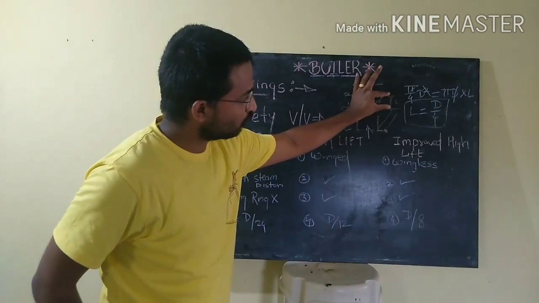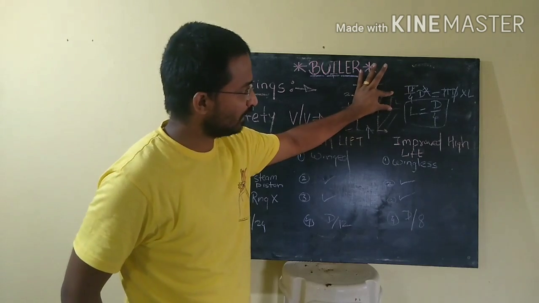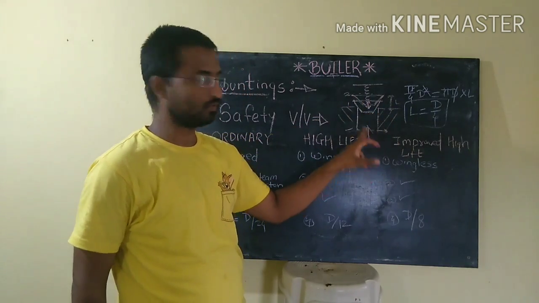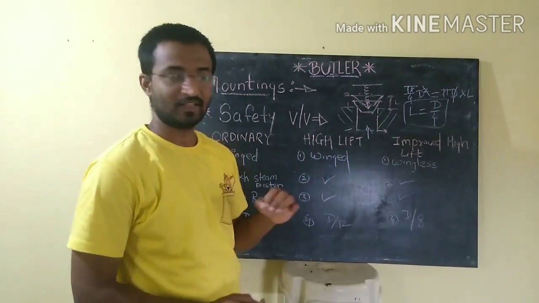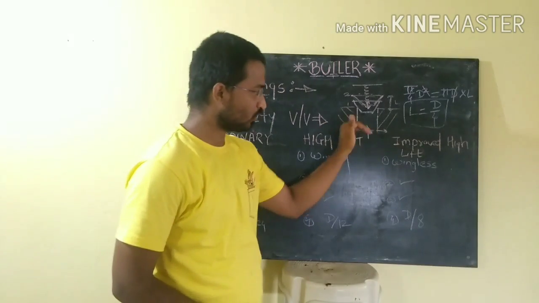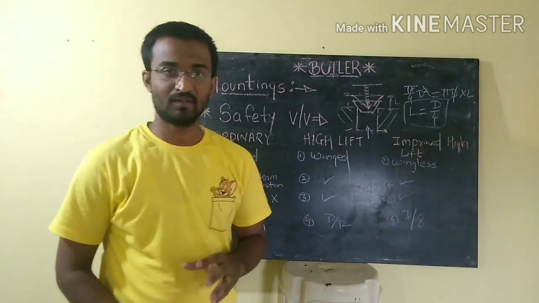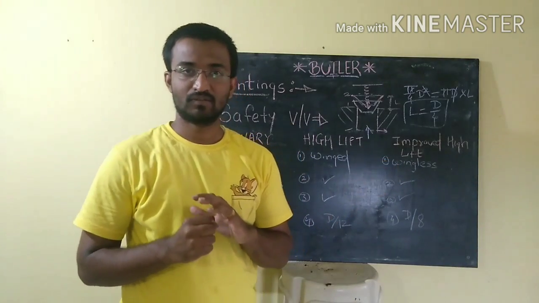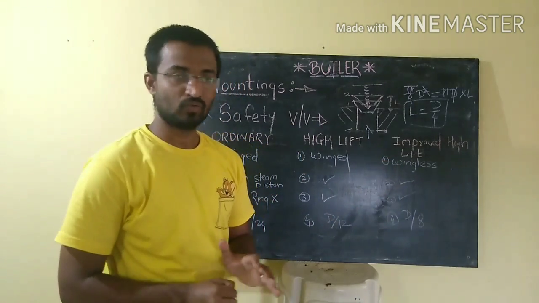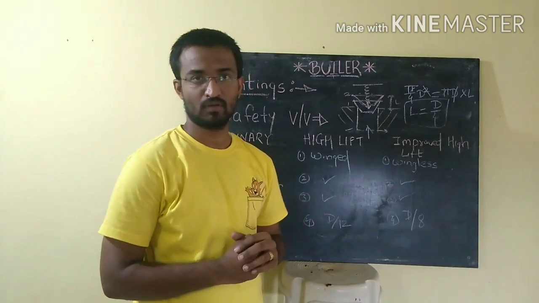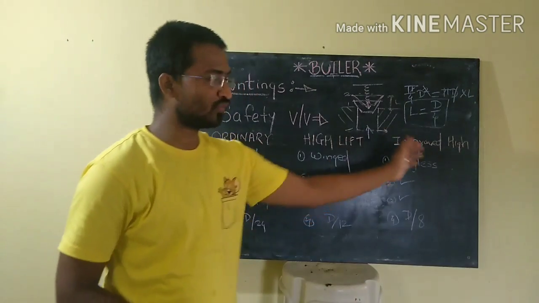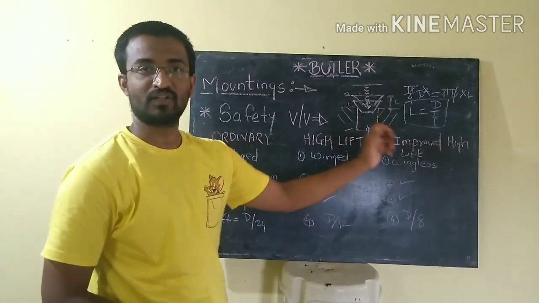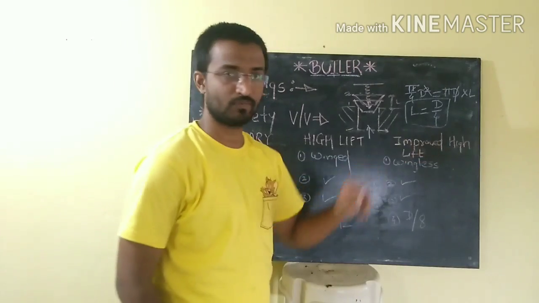If this lift is equal to d by 4, diameter by 4, then there will be no accumulation of pressure. But up to the improved high lift safety valve, there is no valve having a lift of d by 4. By these steps, we are trying to reach this d by 4.